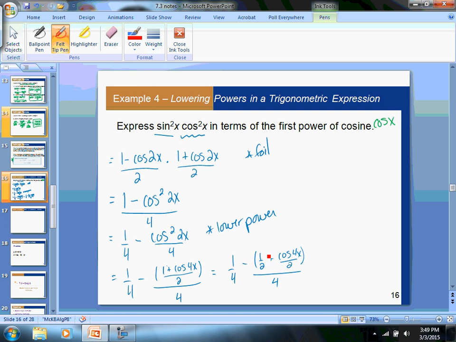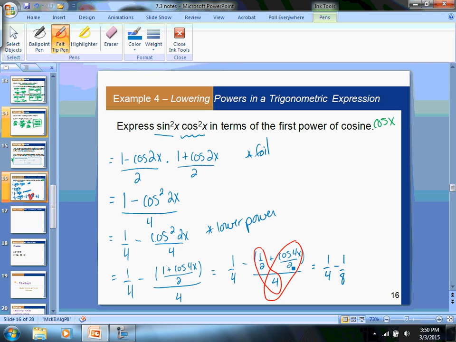I'm going to split this numerator of this complex fraction into 2 parts. I'm going to do this part, and then I'm going to do this part. Okay? So I will have still the 1/4 out front, and then if I have 1/2 divided by 4, that's going to be 1/8. So minus 1/8, and I'll be able to combine those together in a moment.